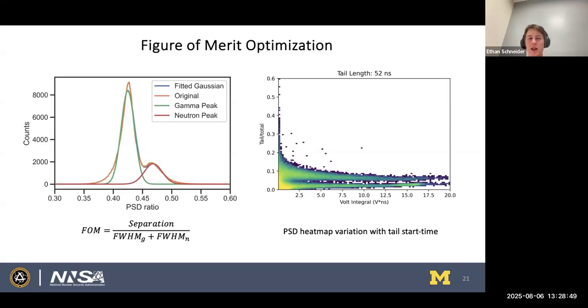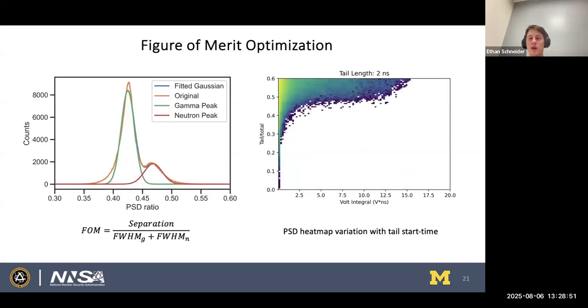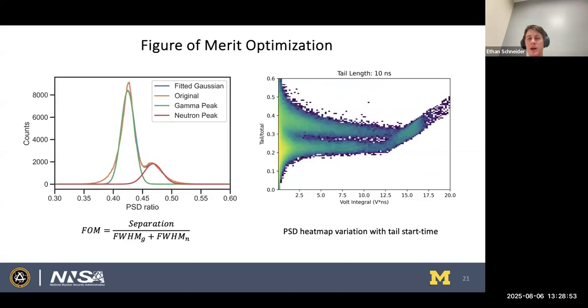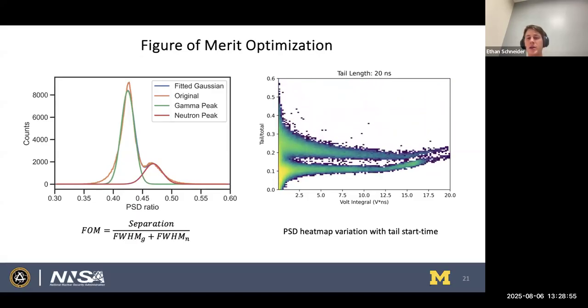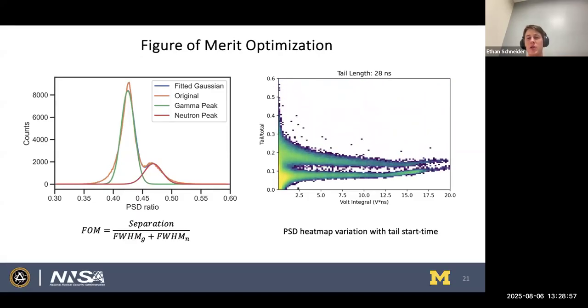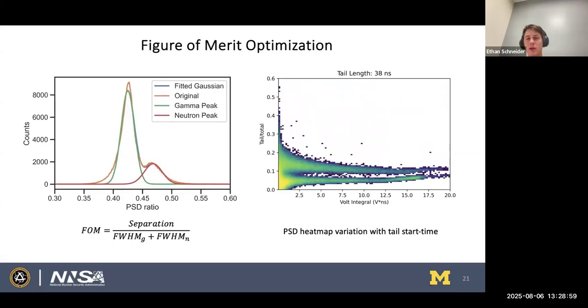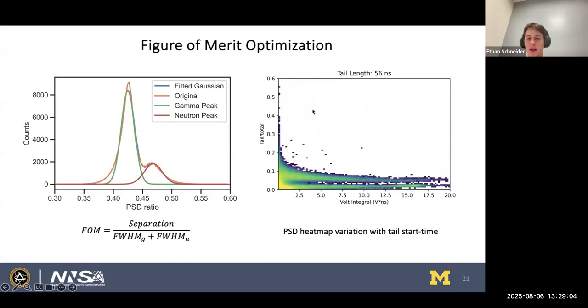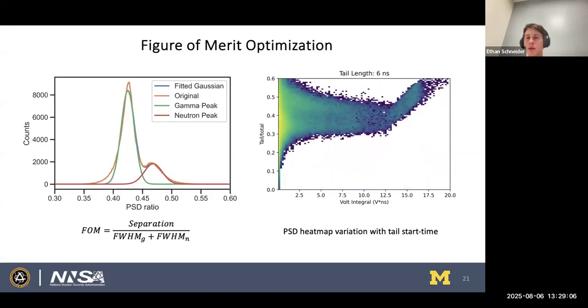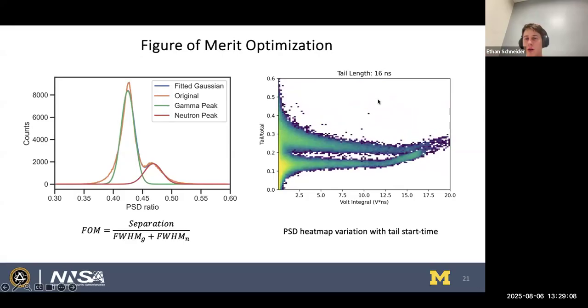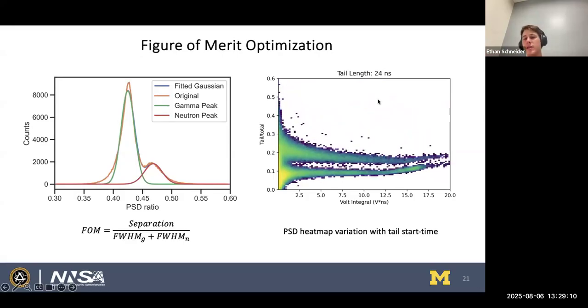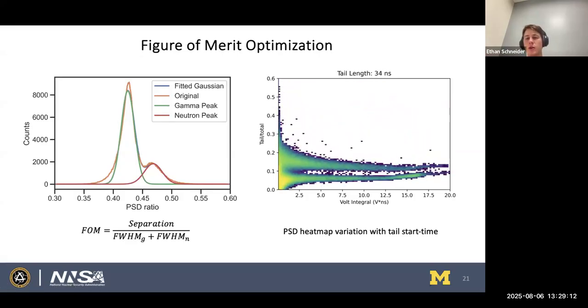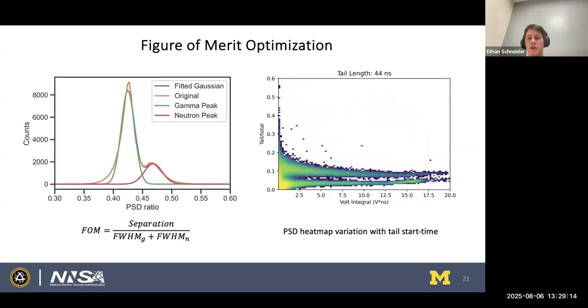As I mentioned before, the ratio of these integrals is defined by the total integral as well as a second integral from a certain value past our pulse amplitude. So here we have our different tail lengths, which will impact our PSD plot. As you go from around 8 to 12 to 13, and so on, we see better, greater separation. At some point, we have an optimized figure of merit value.